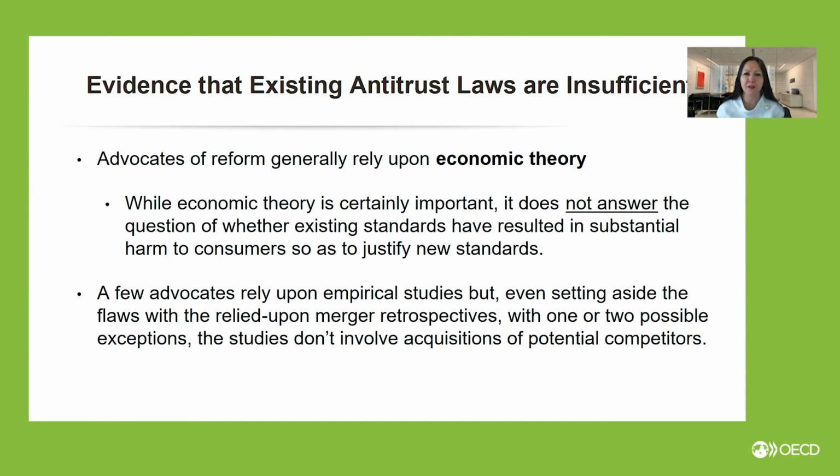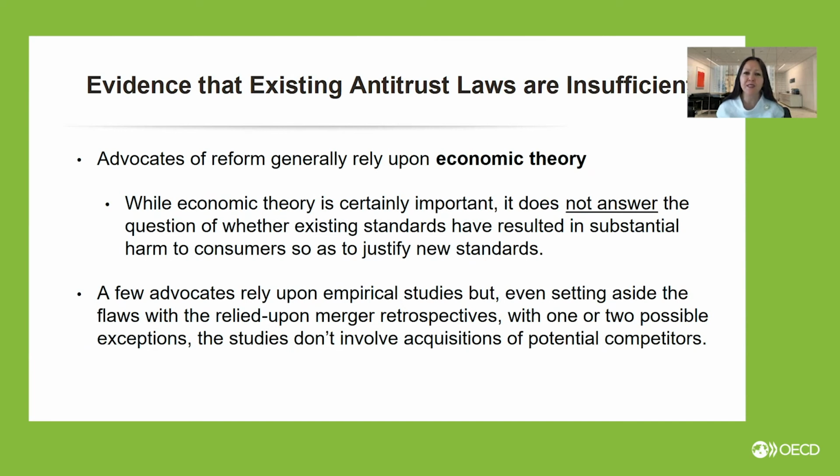So let's talk about the existing evidence that antitrust laws are insufficient to deal with acquisitions of potential competitors. First, it's significant that the advocates of reform generally rely upon economic theory. Now, don't get me wrong, economic theory is certainly important, but it does not answer the question of whether existing standards have resulted in substantial harm to consumers so as to justify new standards. Now, there are a few advocates that point to empirical studies, namely merger retrospectives.